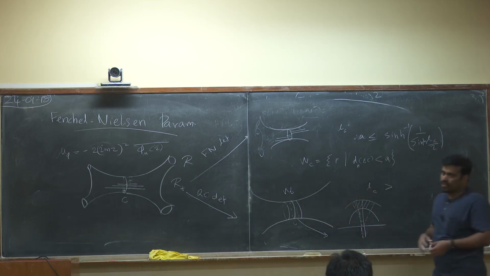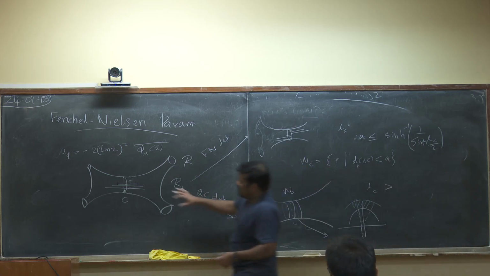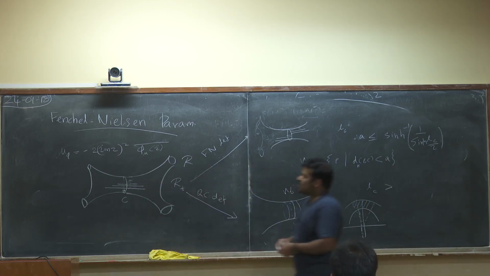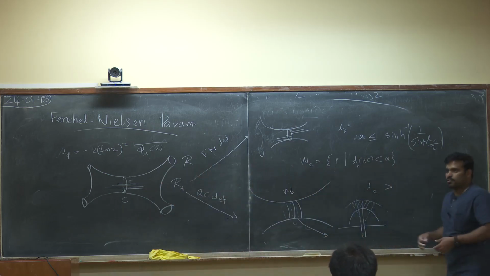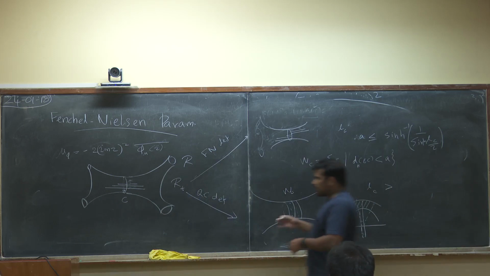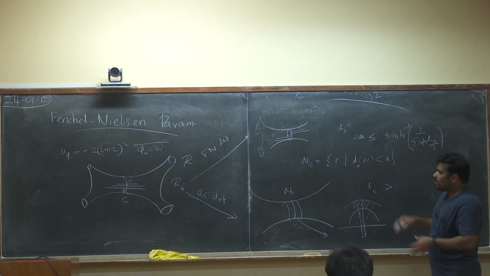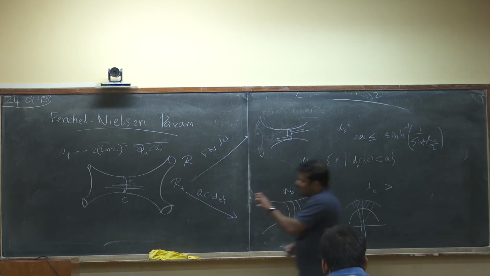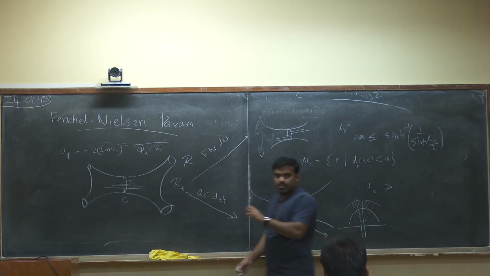You can actually do a Schiffer variation in the interior also, but the Fenchel-Nielsen twist is very difficult to think of in terms of Schiffer variation, because this is a highly localized transformation that you are performing. So I can always look into a small region around a closed geodesic with respect to which I am doing this Fenchel-Nielsen twist.